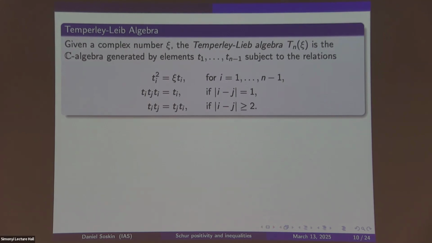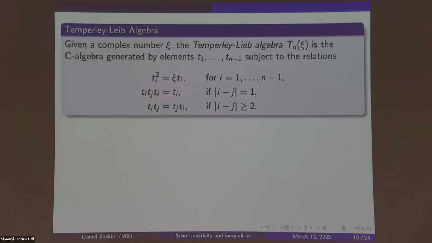To discuss this technique, I need to introduce the Temperley-Lieb algebra. Let's say we fix some complex number xi, and then the Temperley-Lieb algebra T_n(xi) is a C-algebra generated by the generators t_1 to t_{n-1}, such that t_i squared is xi t_i, and the braid rule is destroyed.